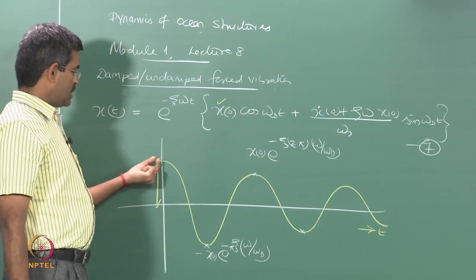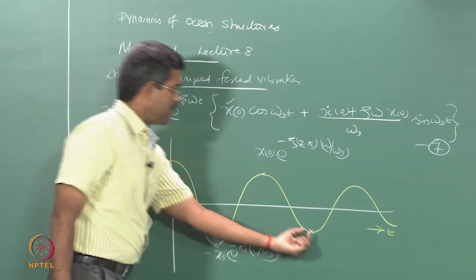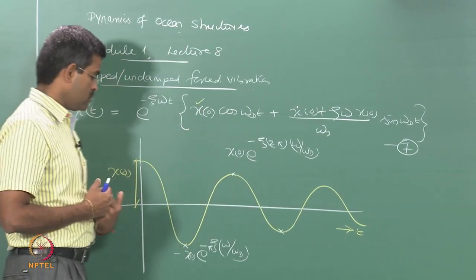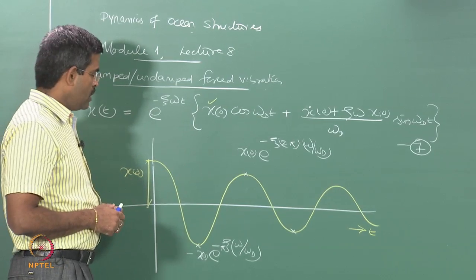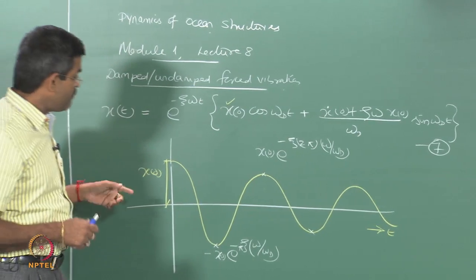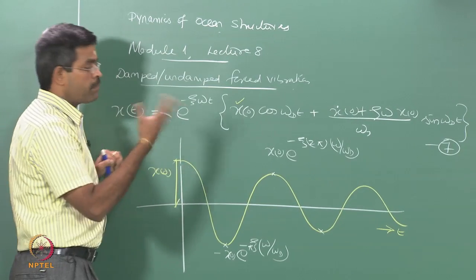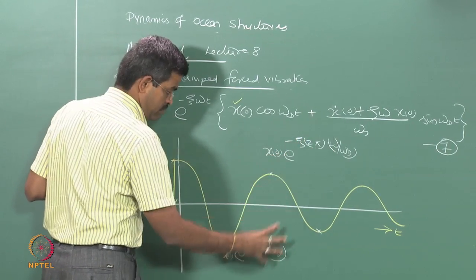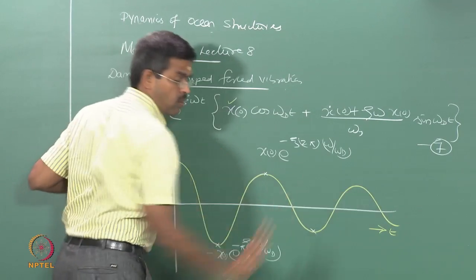So, if I call these x 0, x minus 1, x 1, x minus 2, x 2 and so on, where minus 1 is a negative value and plus 1 is a positive value, we would always see that everywhere the original displacement x naught is getting multiplied by a decay function, and it ensures mathematically that the response will come to 0.